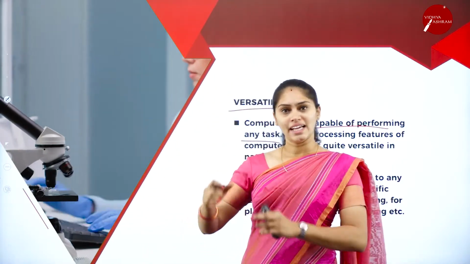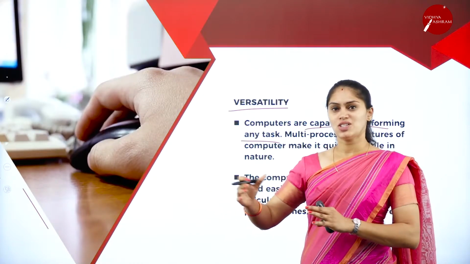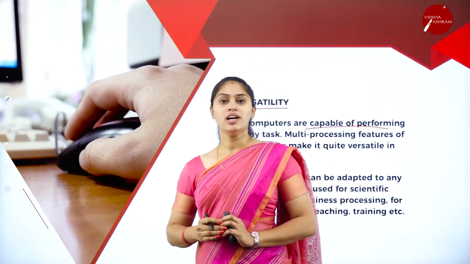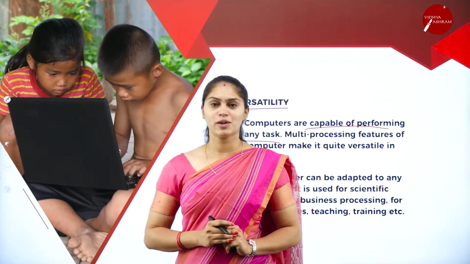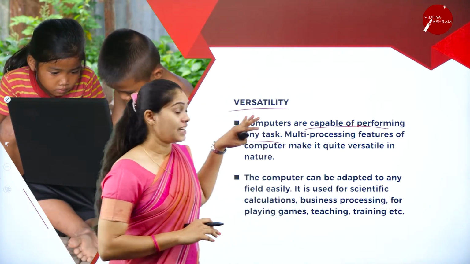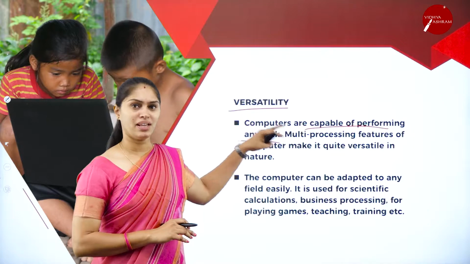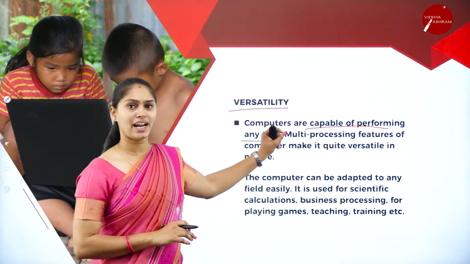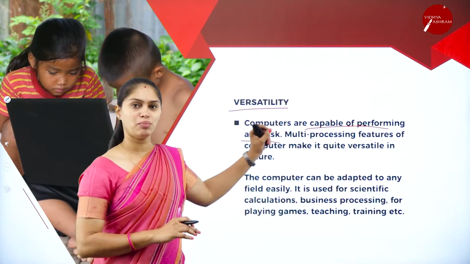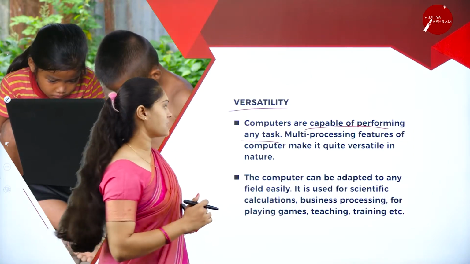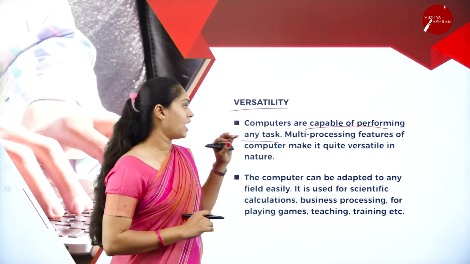If I give a 4-digit multiplication, it will perform. Even if it is related to science, the computer will perform. So it is versatile in nature. That means it has the ability to perform any kind of task.